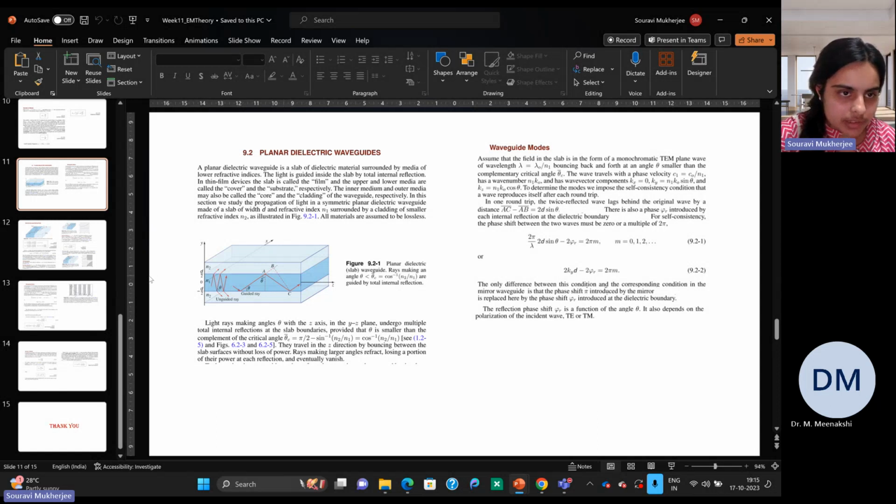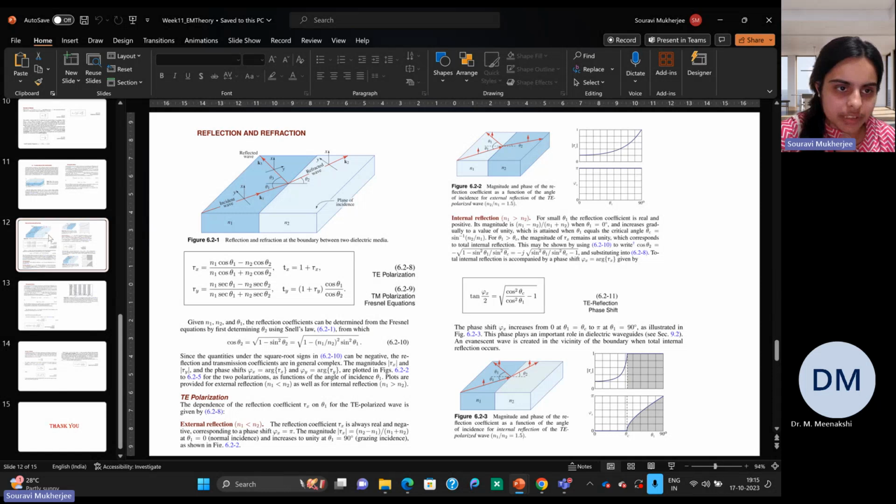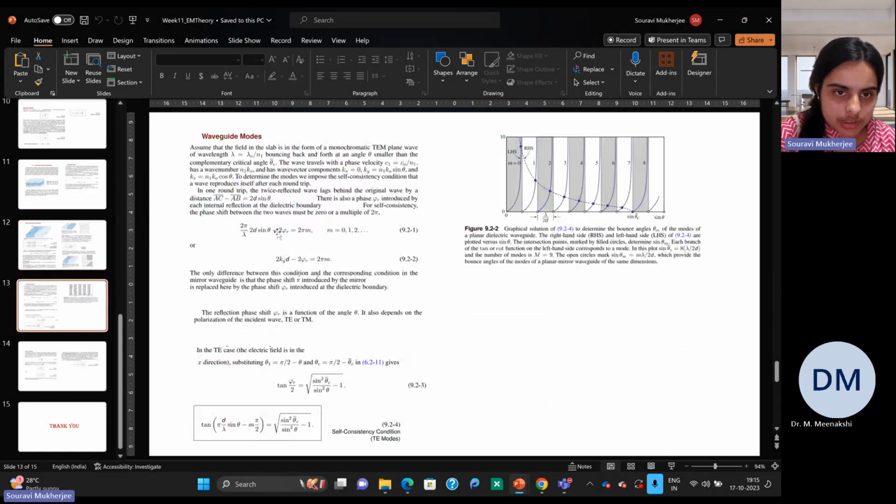So for that self-consistency condition, if you solve it, you would get an expression like this. And this comes again from the Fresnel equations, which tell us how the phase change happens when there is a reflection at the boundaries. So if you add this phase change that happens because of the reflection and this phase change that comes because of the path difference, it has traveled some path, right?